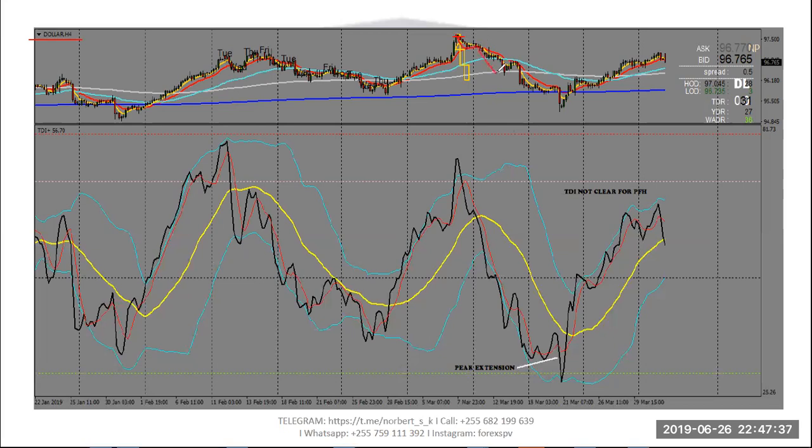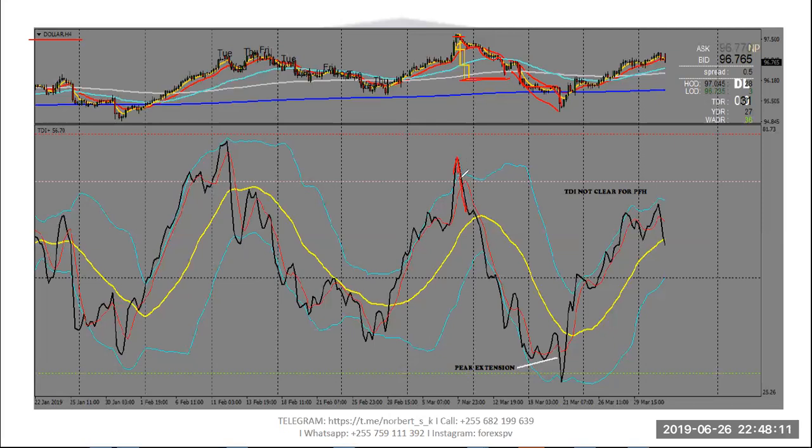This was the first level, the second, the third. And the ADR times 3 was completed. But the dealer here formed a peak extension. You see, this one was the extension. Now, when we look at the TDI of the hour 4, just look here, and when we move forward, when we talk of the TDI, you would understand more.